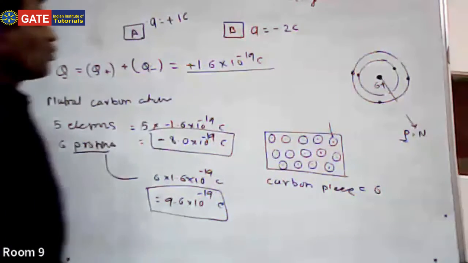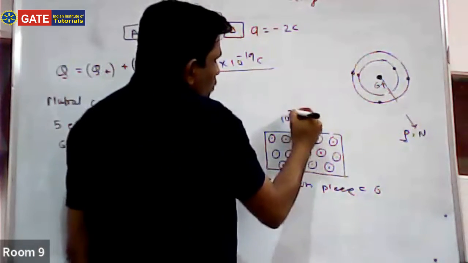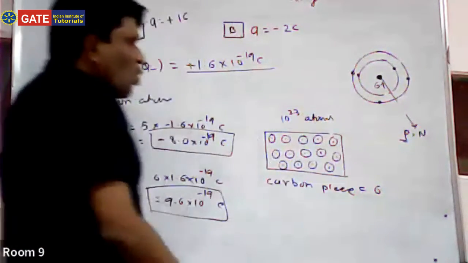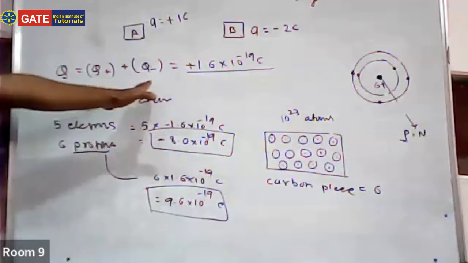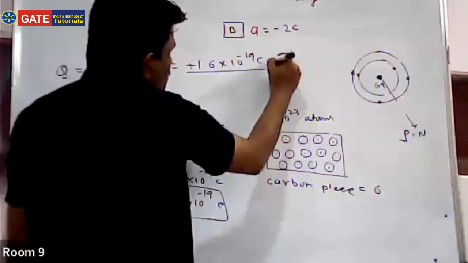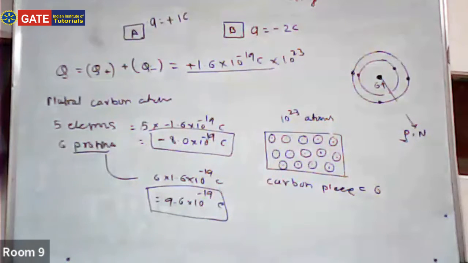Suppose 10 to the power 23 atoms are there and you withdraw one electron from each atom. So what is the charge? Positive. So you have to multiply this by 10 to the power 23, right?